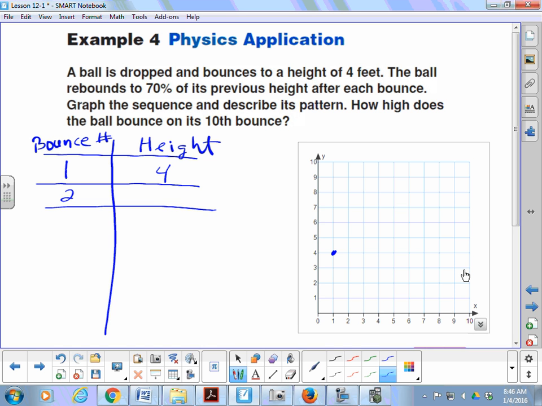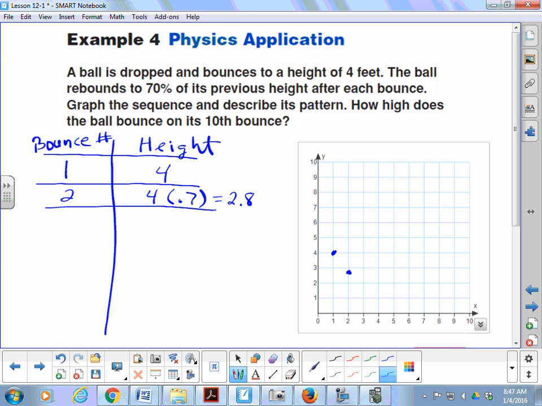Multiply. All right, so we've got to multiply 4 times 0.7, 70%, since it's only going to 70% of that height. All right, what is 4 times 0.7? 2.8, okay. All right, so bounce 2, it's at 2.8.